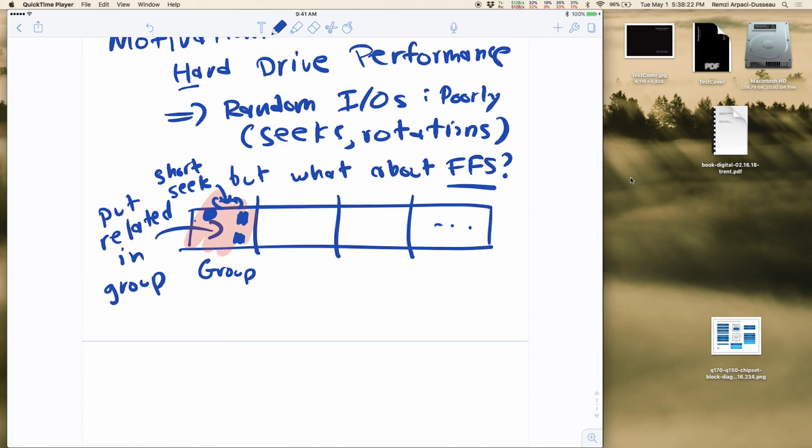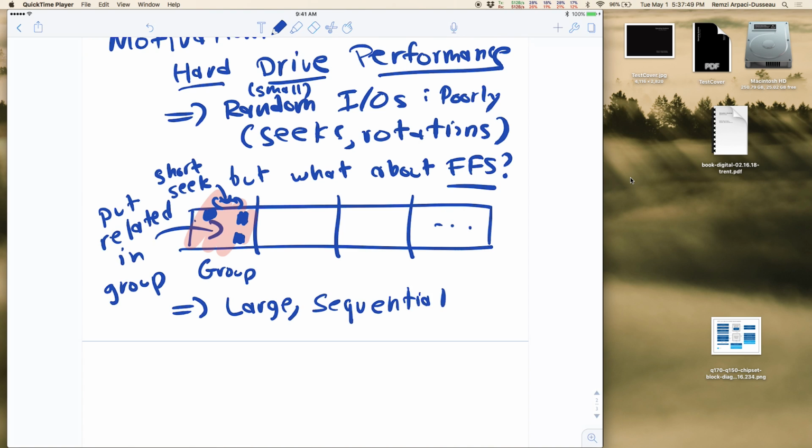What we also know from hard drive performance is, conversely, as opposed to random IOs, and really what I'm saying is random smaller IOs, if we do large IOs or large sequential IOs all together, these tend to perform well. So if we could structure things such that we always did very large transfers from a disk, and this actually turns out to hold for SSDs.